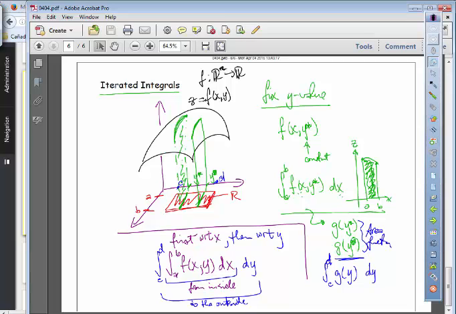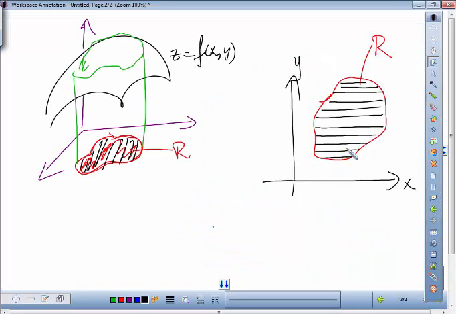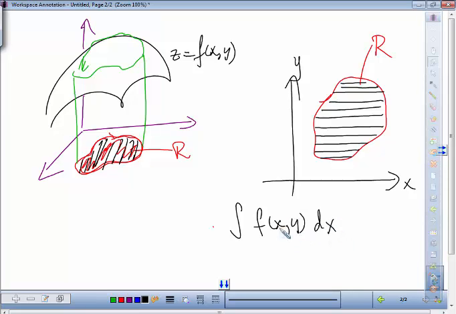So we're going to integrate this with respect to x first. And we're kind of going to be holding y constant first, right?